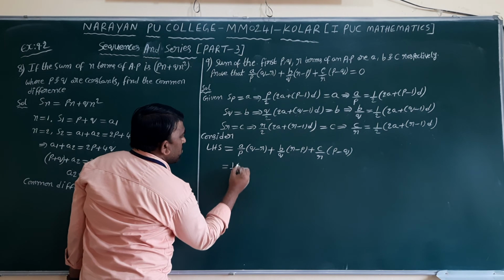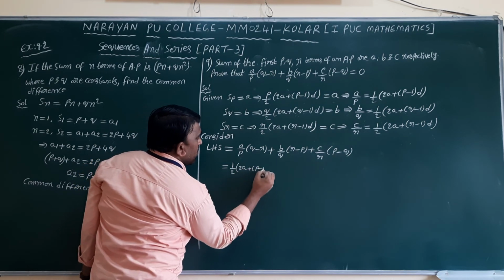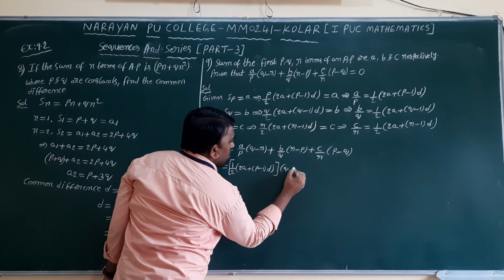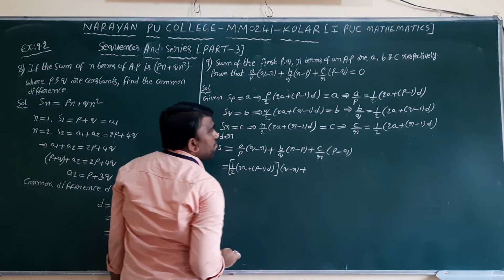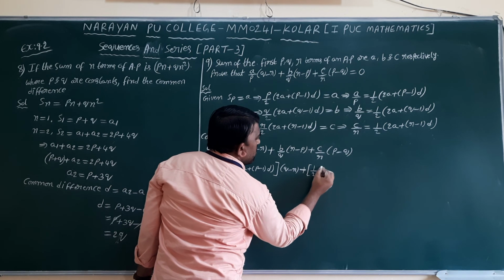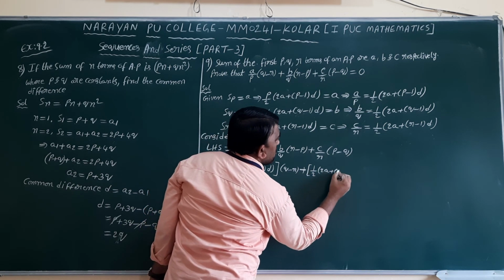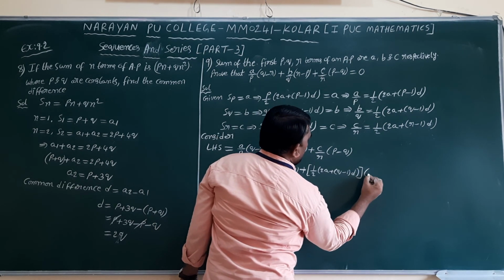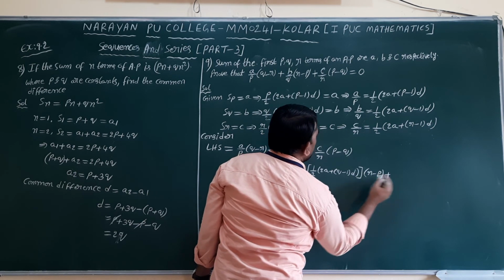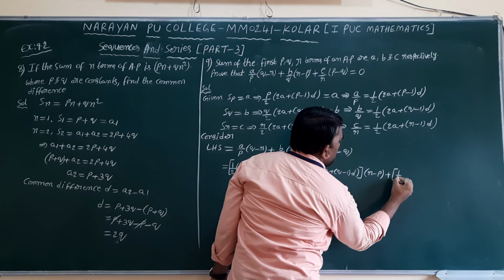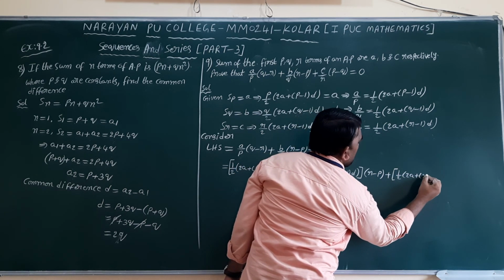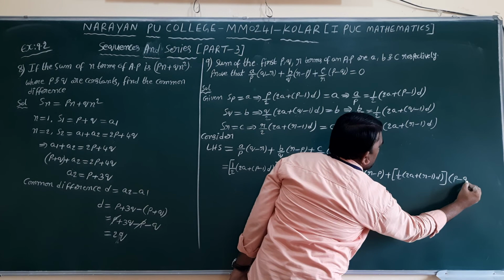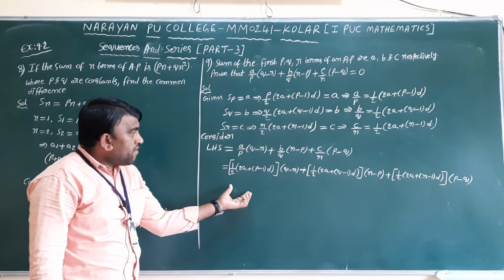So 1 by 2 into 2a plus p minus 1 into d into q minus r, that is one term, plus b by q, 1 by 2 into 2a plus q minus 1 into d into r minus p, plus c by r, 1 by 2 into 2a plus r minus 1 into d into p minus q.